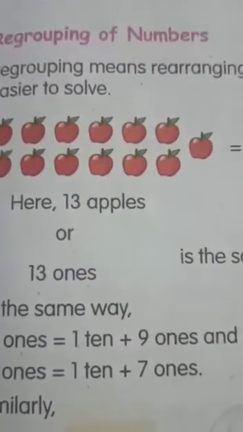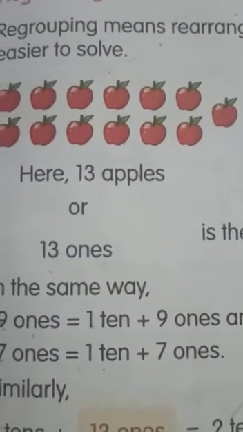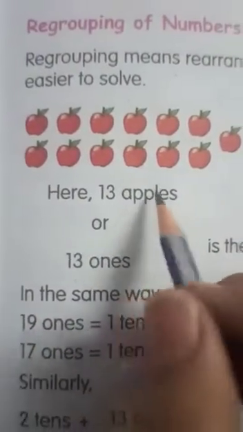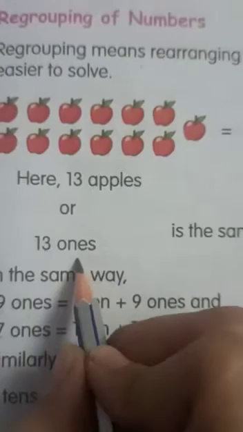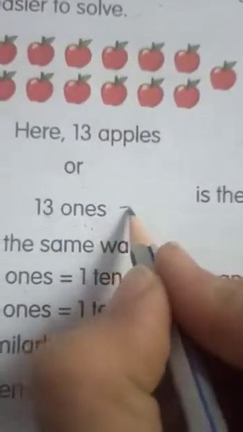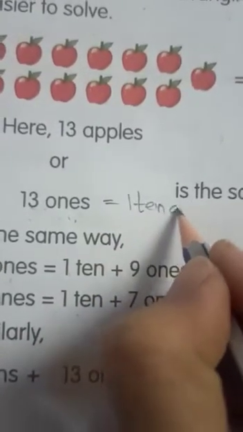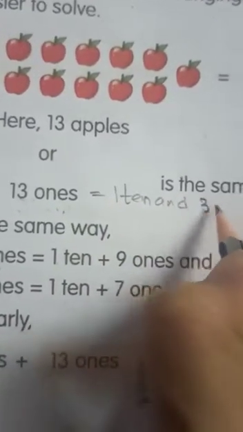Next, regrouping of numbers. Regrouping is nothing but rearranging the numbers to make addition easier. So what we are doing, we are writing these 13 ones as 1 ten and 3 ones.